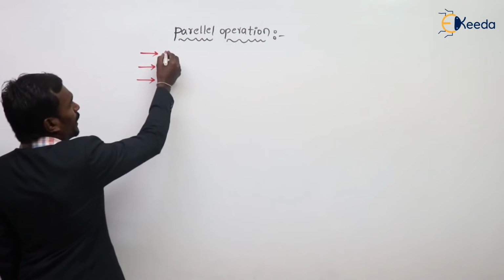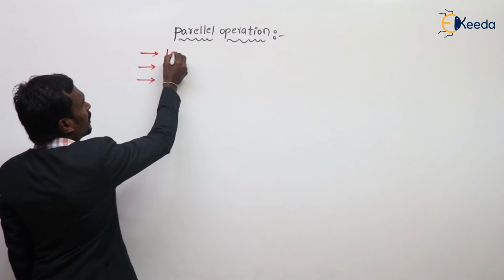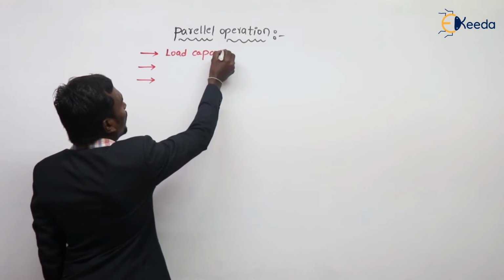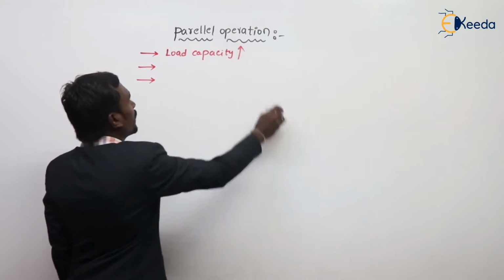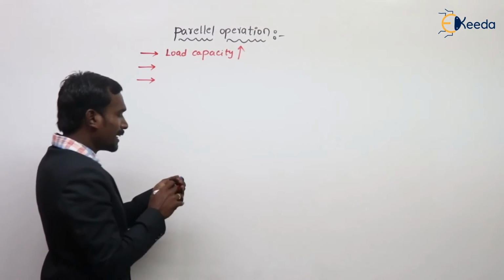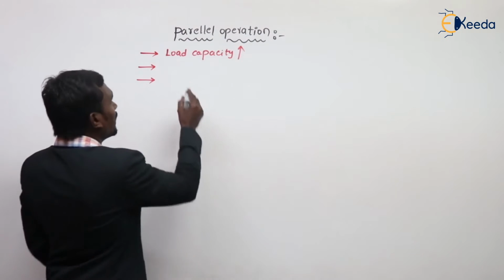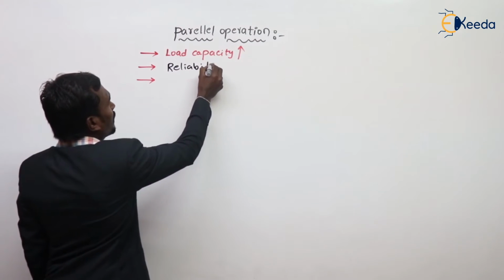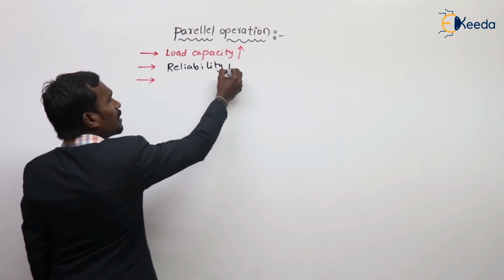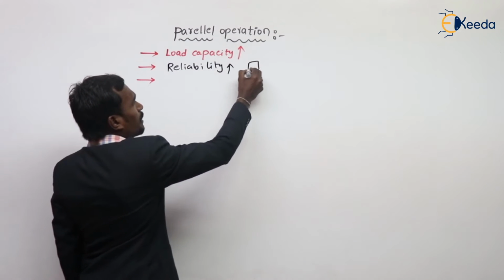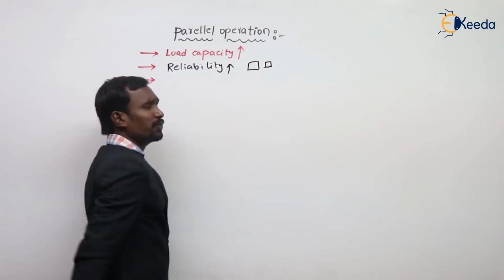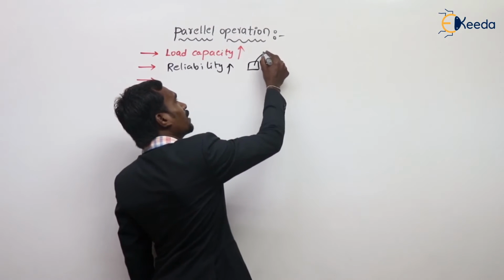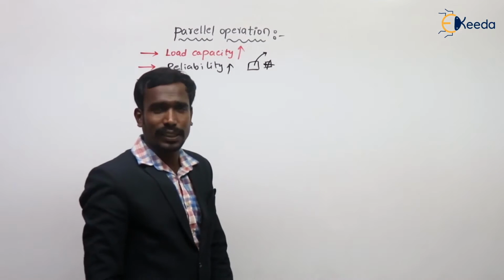First, we can improve the load capacity due to parallel operation. Load capacity increases. Second, reliability increases, because in two transformers, if any one transformer is under faulted condition, the remaining transformer will serve the load continuously.